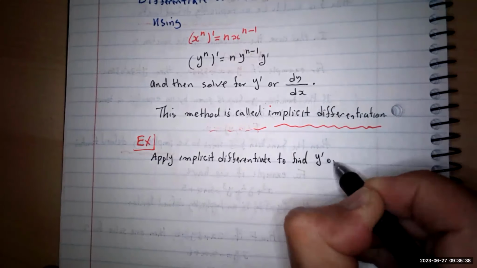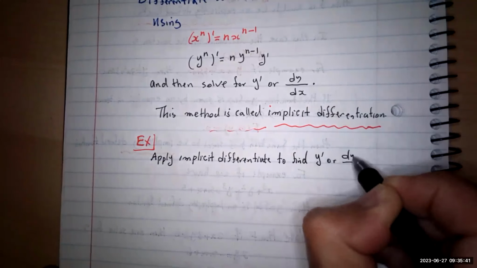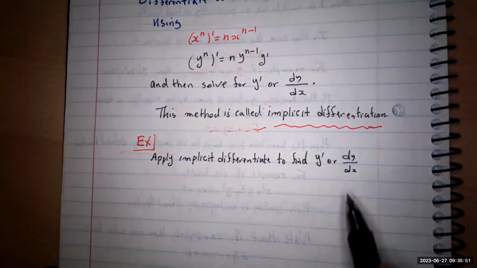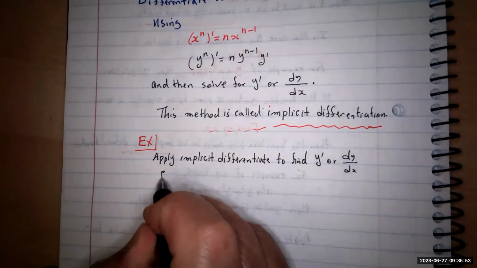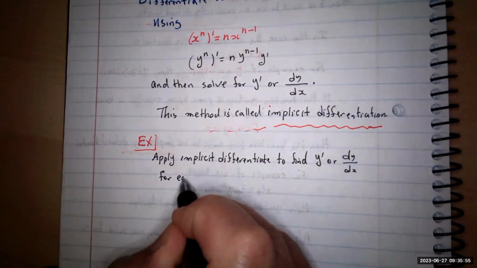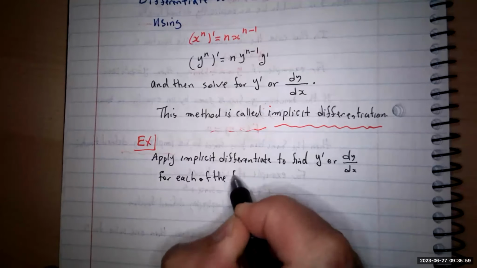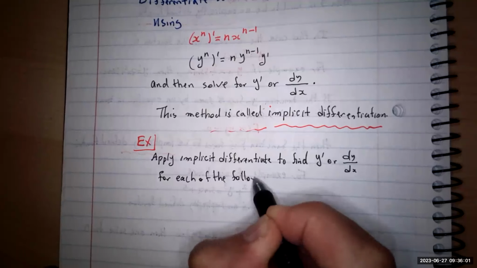I just emphasize dy/dx, which is used by some people. Apply implicit differentiation to find y prime or dy/dx for each of the following.